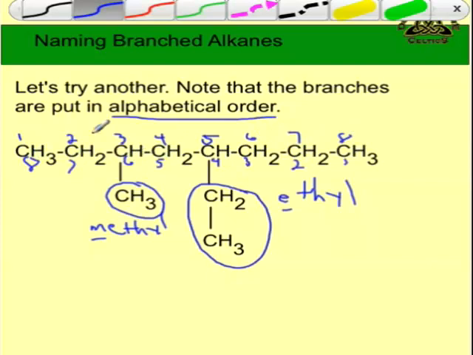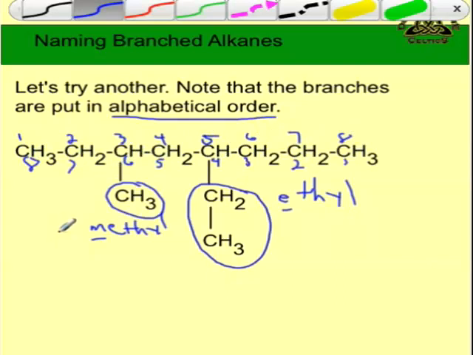So if we go from left to right, I notice that my branches are off of carbons 3 and 5. If I go from right to left, my branches are off of 4 and 6. Clearly, 3 and 5 are smaller.